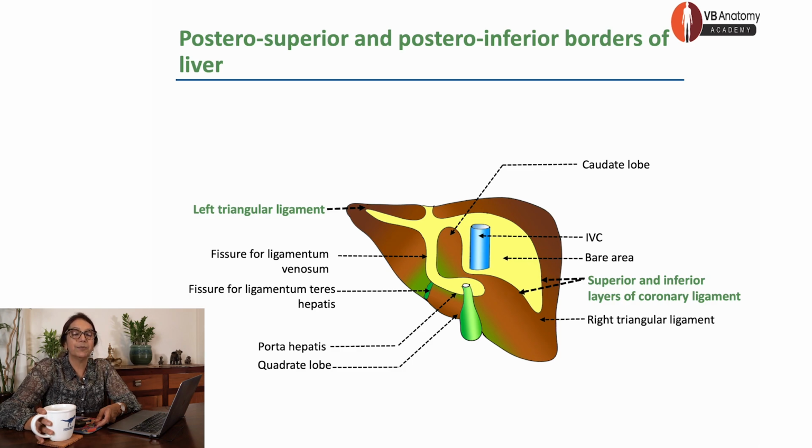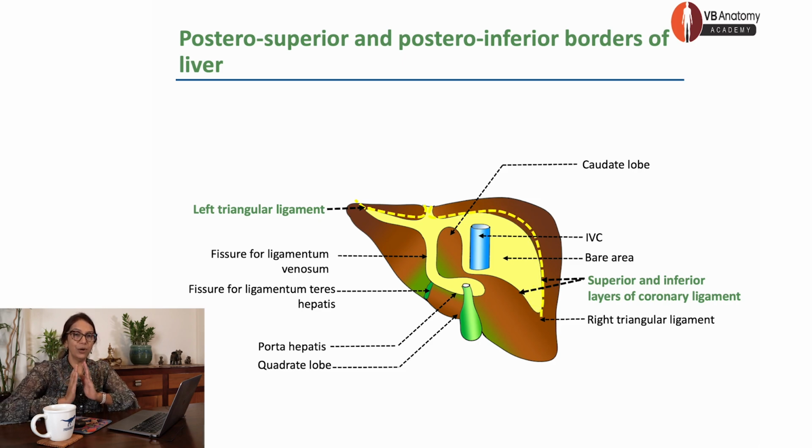Take a deep breath. Imagine where is your liver. Imagine your anterior surface, superior surface, right lateral surface. And now let's go back to the posterior-superior and posterior-inferior borders and therefore the posterior surface. Now we're looking at this liver from posteriorly. You can see that there is a border which is going to the left and a border which is going to the right.